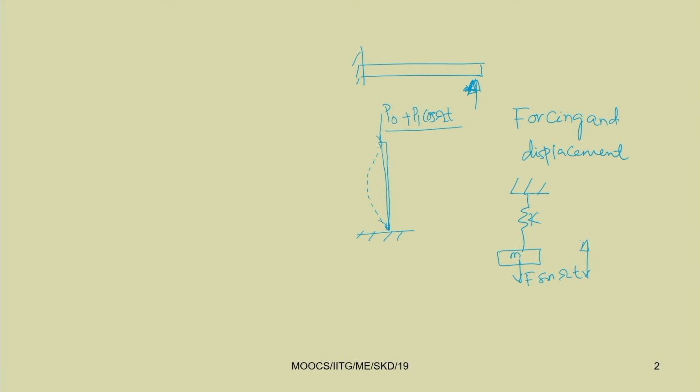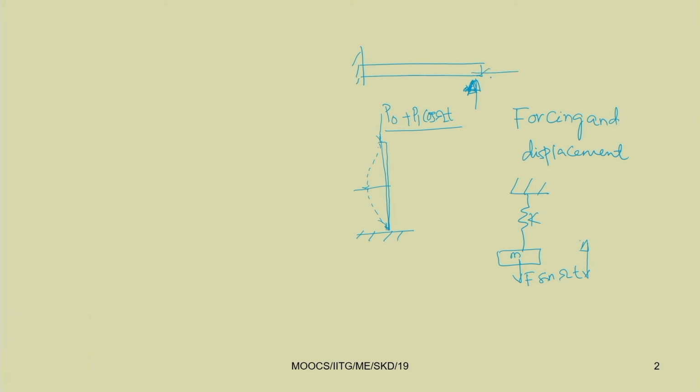So, when we apply a constant load to the column, it starts to buckle. In this case the displacement takes place in a direction perpendicular to the direction of application of force. You are applying force in one direction and the displacement is taking place in the other direction. Let us take this cantilever beam also.